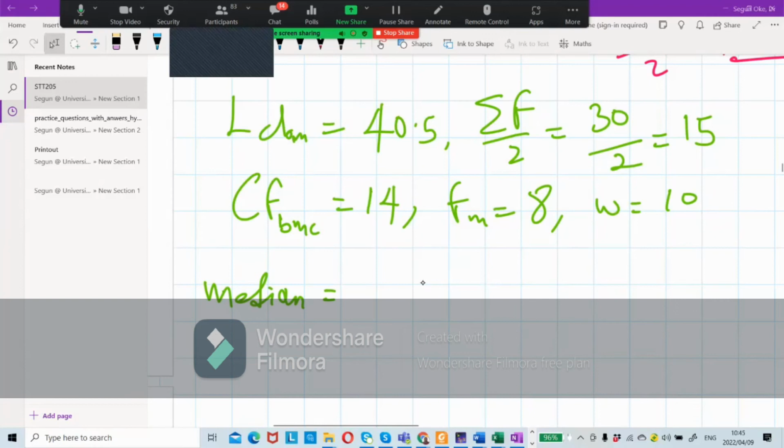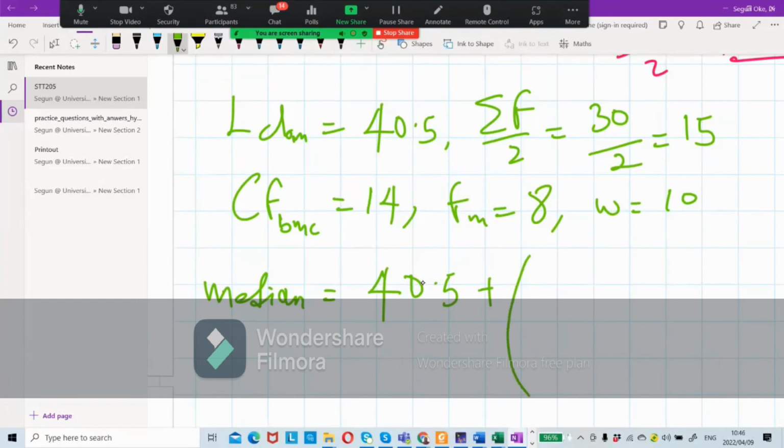So the first thing is the lower class boundary, which is 40.5, plus, open the big bracket, the summation f divided by 2, which is 15, minus the cumulative frequency before the median class, which is 14, everything divided by 8, multiplied by 10.